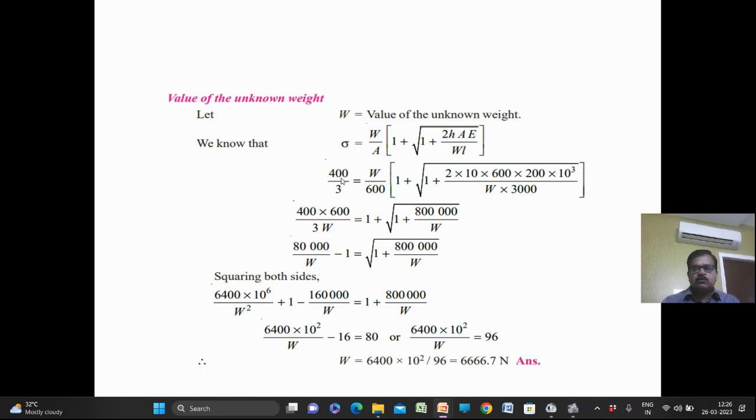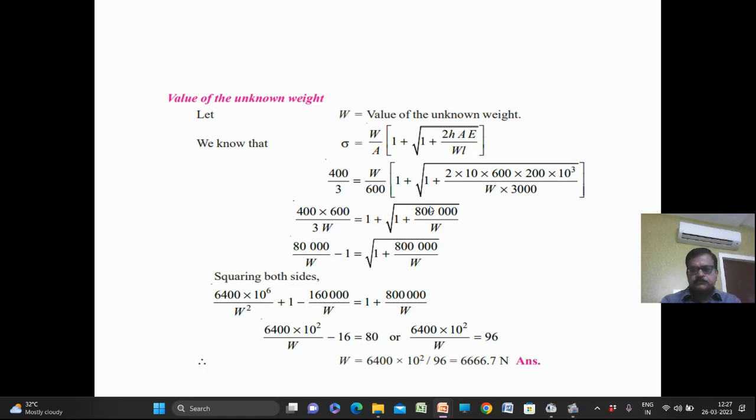The other things are known. Impact stress is 133.3, that is 400 by 3, and cross section area 600, and H, the height through which the load W falls, is 10 mm, cross section area of the bar once again 600, the Young's modulus is 200 into 10 to the power of 3, and the length of the bar once again is 3 meters or 3000 mm.